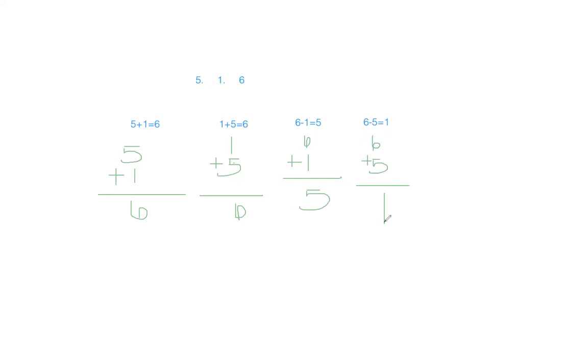Good, good, good. Okay, so let's write a couple of other ones. So these are families, 5, 6, and 1. Let's write some other ones. What about the numbers 2, 7, 9?